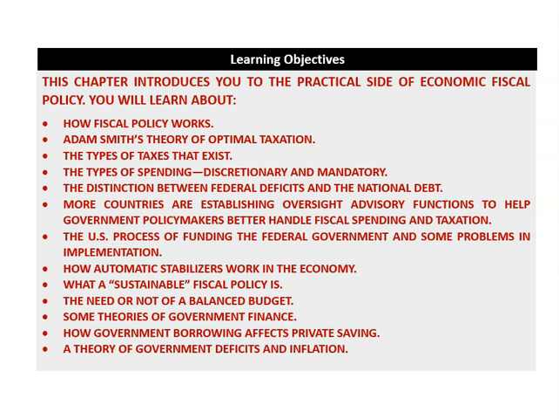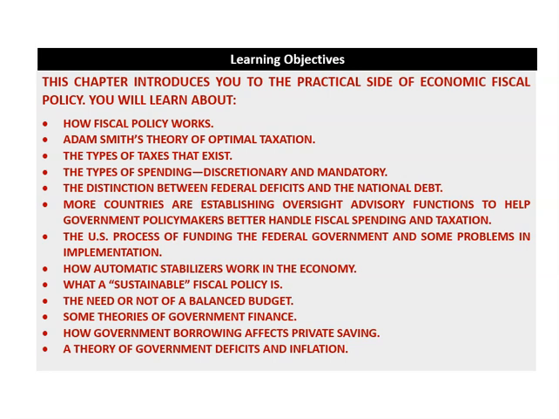6. More countries are establishing oversight advisory functions to help government policymakers better handle fiscal spending and taxation. 7. The U.S. process of funding the federal government, and some problems in implementation. 8. How automatic stabilizers work in the economy. 9.